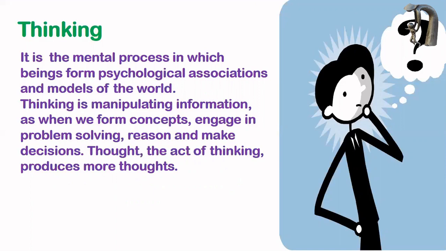See, thinking involves manipulating the information about some concept. It tries to solve the problem. It tries to make the decision, to decide the better decision for your problems. So that is your thinking.